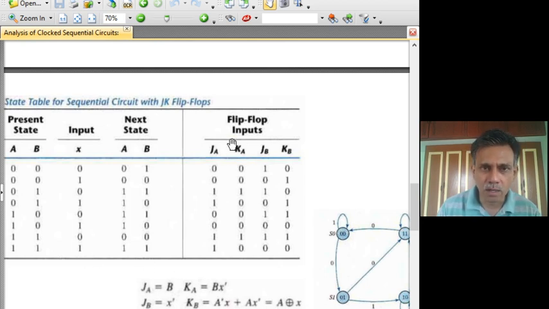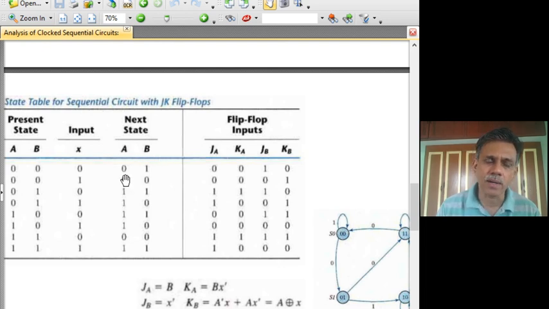So we can fill up these JK values of both the flip-flops in this manner. Once we do this, the last step in coming up with the state table is to find out the next state variable values, that is, A plus and B plus, or AB associated with the next state.